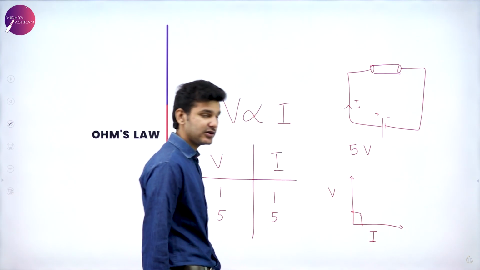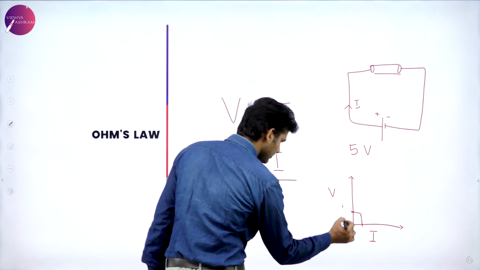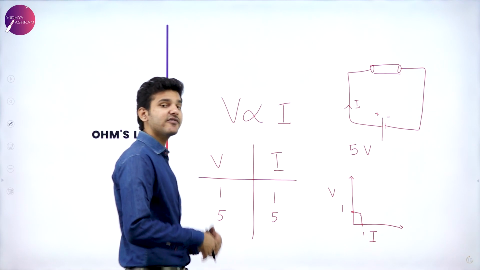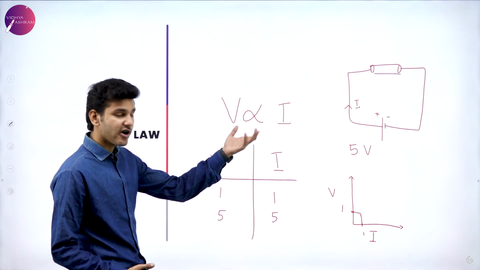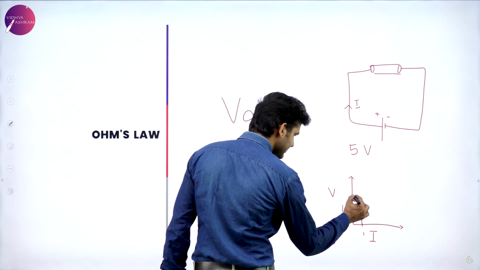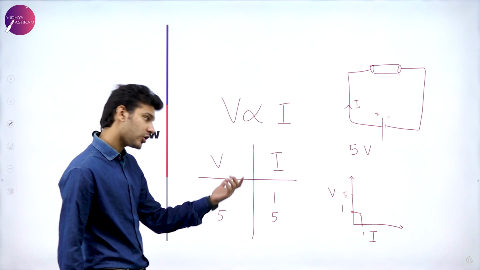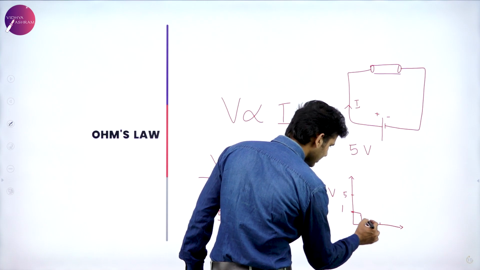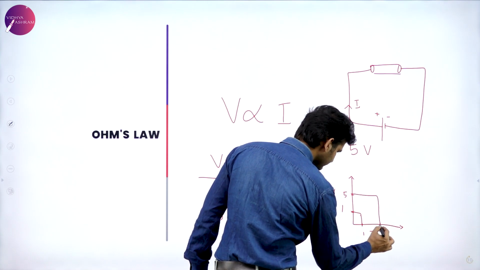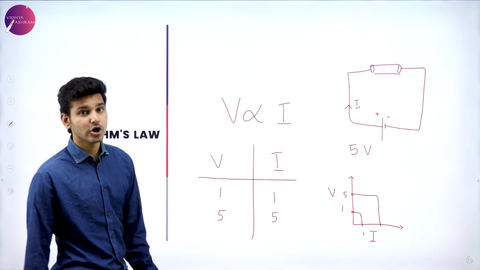So this was the value that I got. Let's say this was 1 and this is also 1. And after some time, I introduced the voltage of 5 volts. Let's say this is 5 volts. Then automatically I got the current output also to be 5.